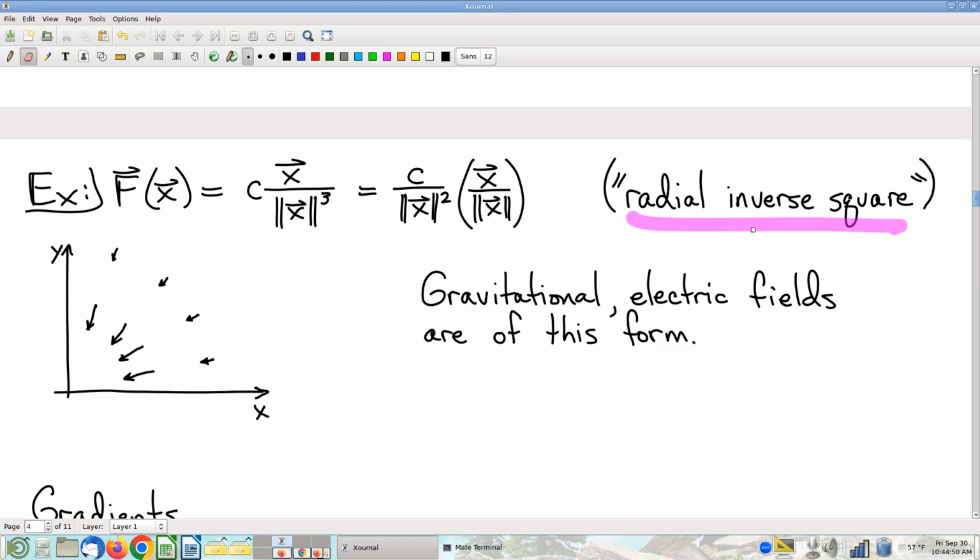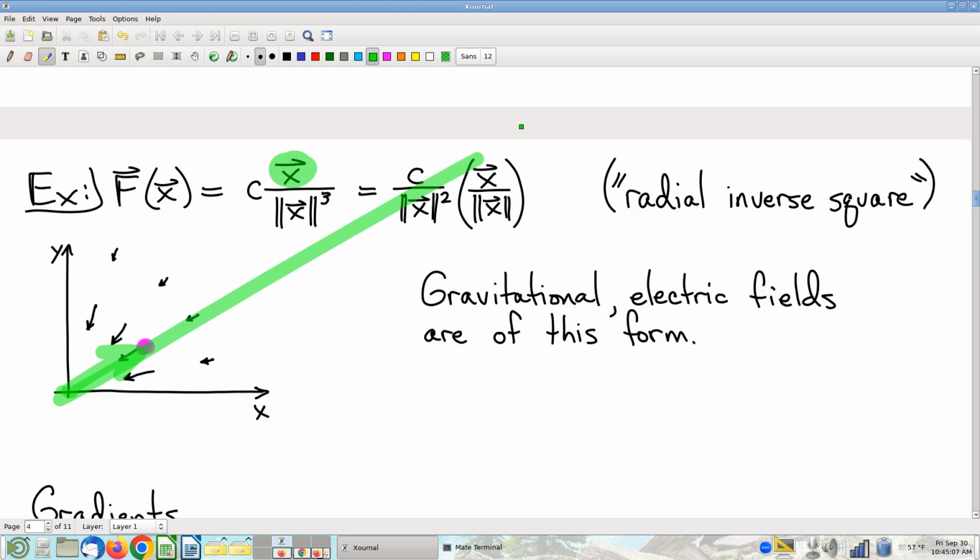The radial part, I think, is pretty easy to buy, because wherever your point is, the direction that it's pointing is again the direction of the position vector. So it's always going to be parallel to the position vector. It's therefore always going to be parallel to a radius, literally a radius from the origin. So that's the term radial.